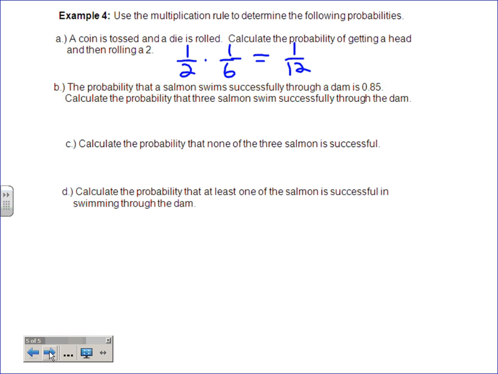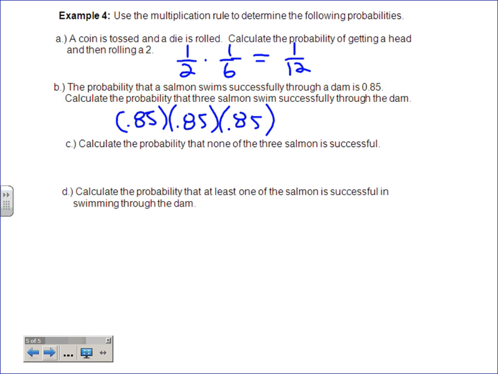The probability that a salmon swims successfully through a dam is 0.85, so pretty good, really, 85%. Calculate the probability that 3 salmon swim successfully through the dam. Dependent, independent? Yeah, the one salmon is not saying, hey, follow me, all right? And so basically you can just go ahead and take 0.85.